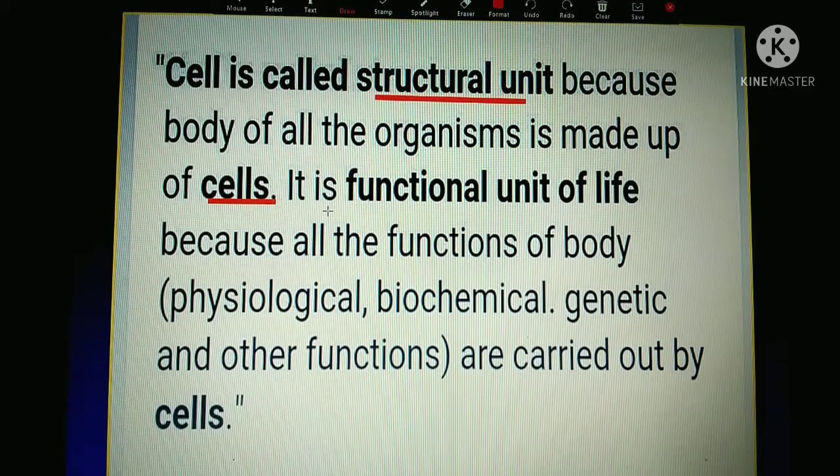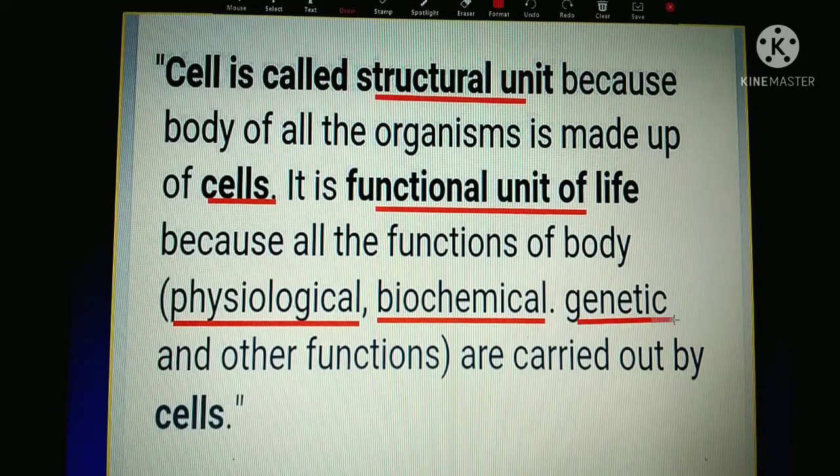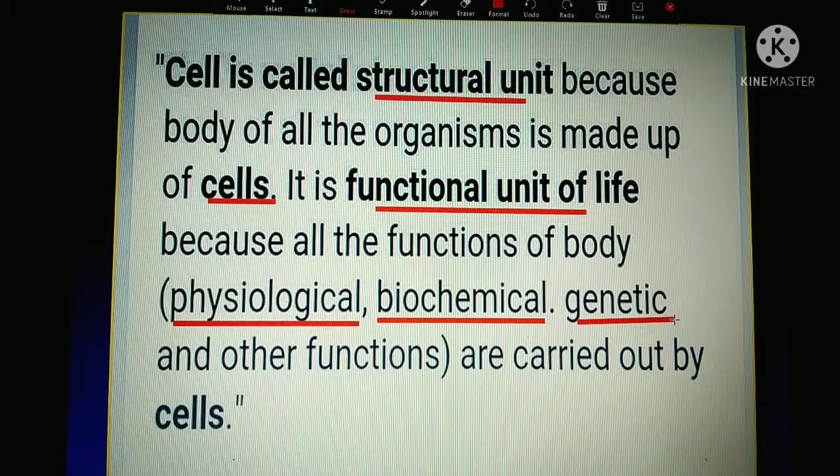On the other hand, it is also called the functional unit of life because it performs all the functions of our body. All the functions involve physiological functions, growth, nutrition, movement, respiration, biochemical functions, as well as the genetic function, where genes are transferred from parents to offspring in the process called reproduction.